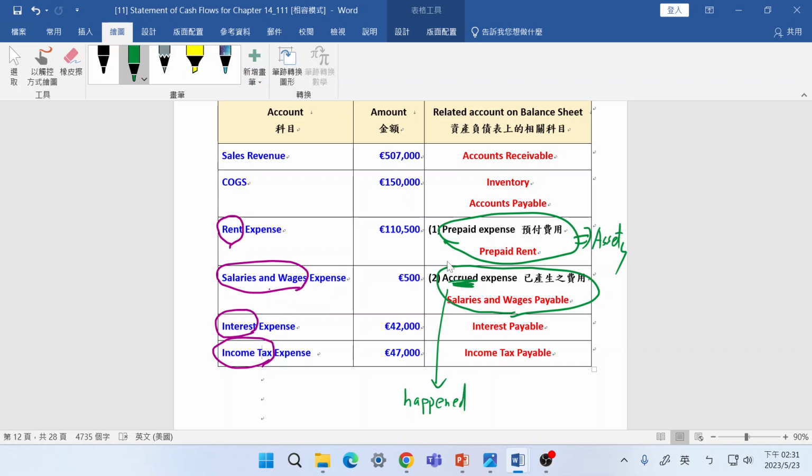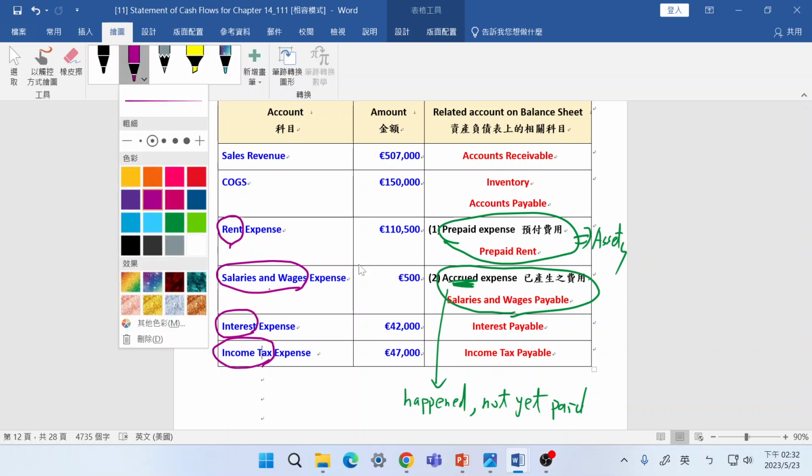Okay? So did you pay? Not yet. So not yet paid. So prepaid rent, did you pay? Yeah, you paid already. So you should understand the difference.